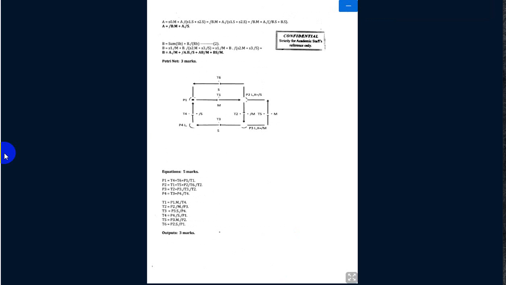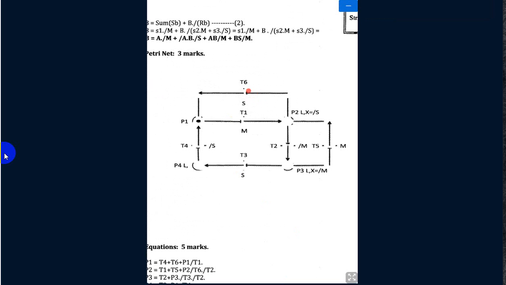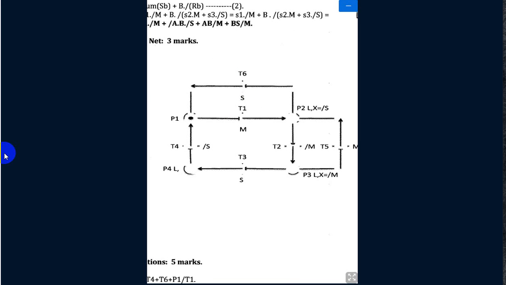So this is the Petri net. The very simple answer, if you check, is you just replace your arc with a transition line.